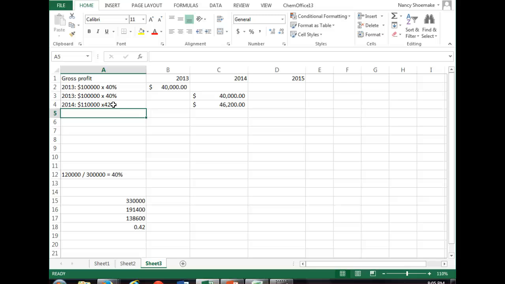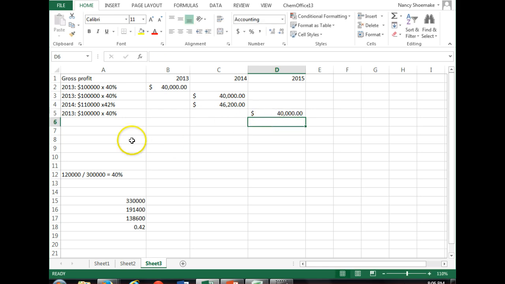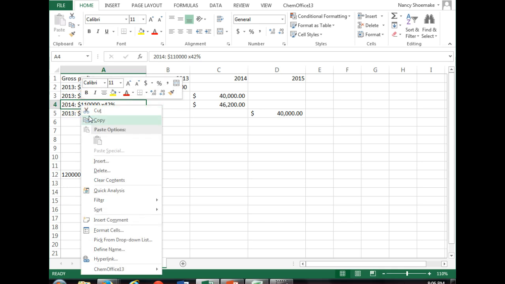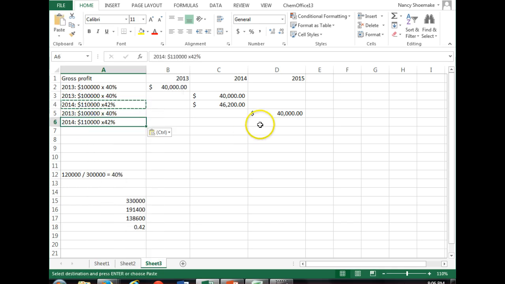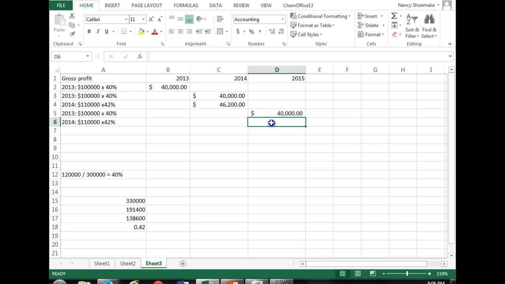Did we receive money from our 2013 installment sale? How much was that? So we've got 100,000, but at 40% shows profit of 40,000. How much did we receive in for the next year? 110. So we're going to do that one again, or 46.2.